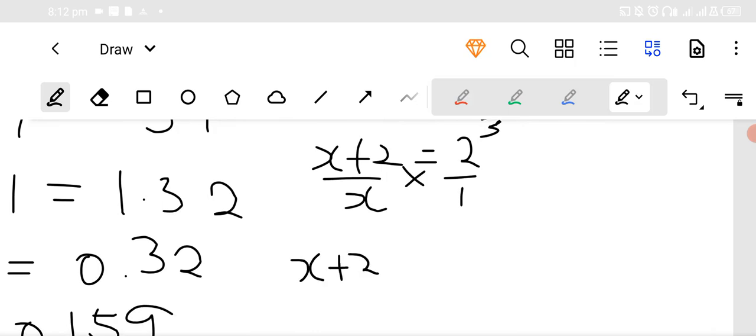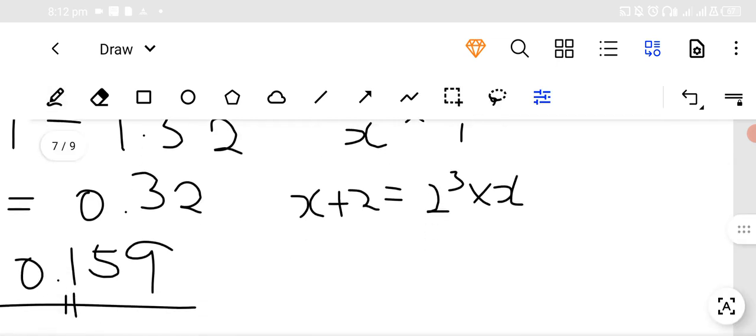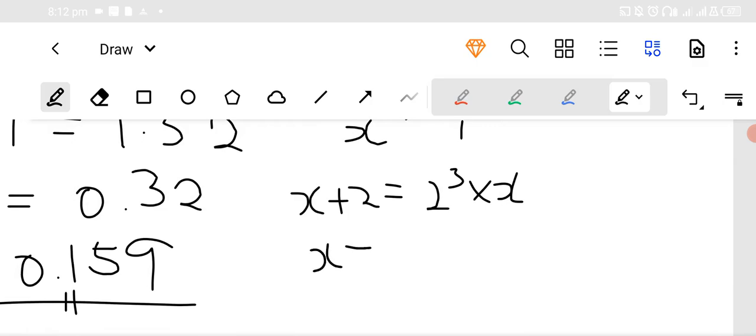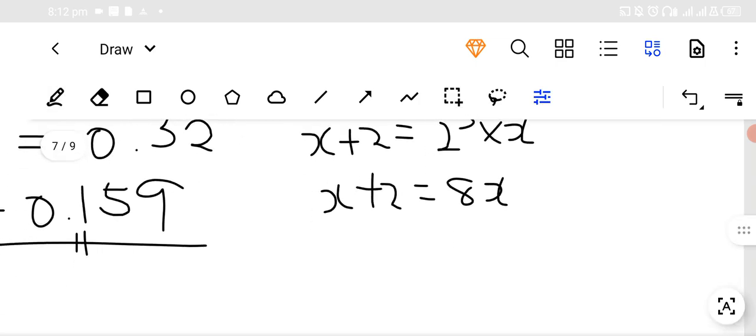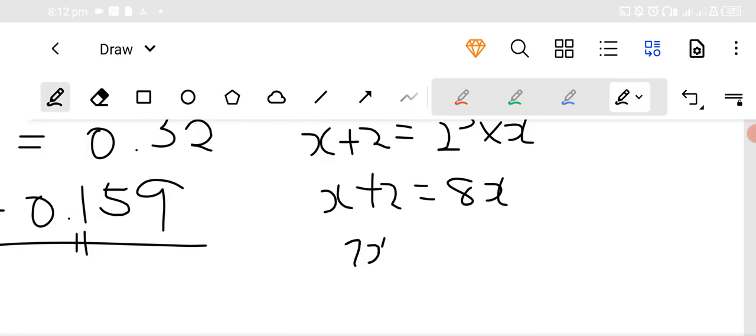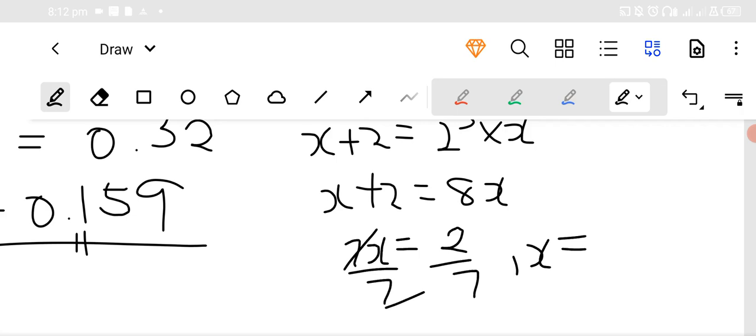So x plus 2 is equal to 2 to the power 3 times x. x plus 2 is equal to 8x. You factorize, you have 7x. If the x goes to the other side, it is equal to positive 2, divided by 7, divided by 7, your x will be equal to 2 over 7.